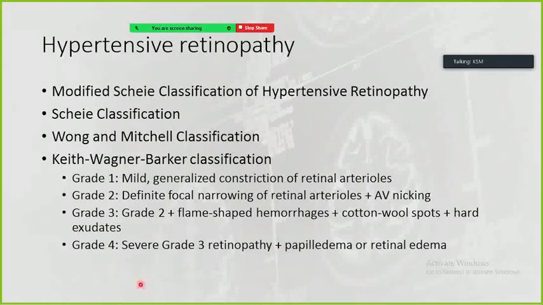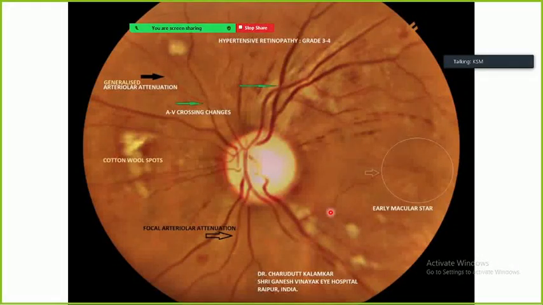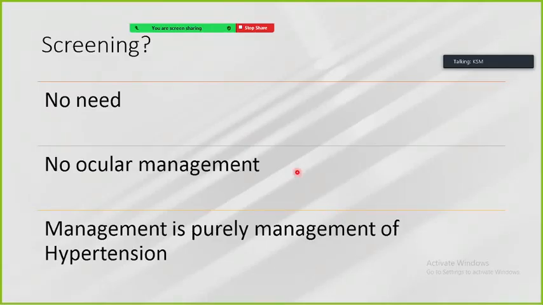Hypertensive retinopathy, sometimes we get referrals, especially if it is grade 4, right? It's like severe grade 3, that's flame shaped hemorrhages, cotton wool spots with papilledema, and grade 1 to 2 is general constriction, narrowing of vessels, AV nipping, etc. So screening, you don't need to screen for hypertensive retinopathy because there is no ocular management, it is purely the management of hypertension.